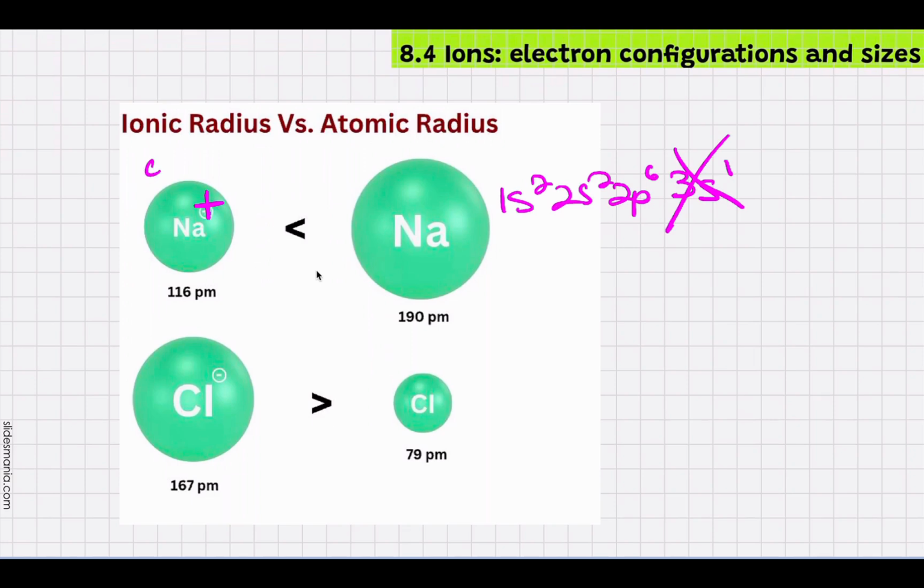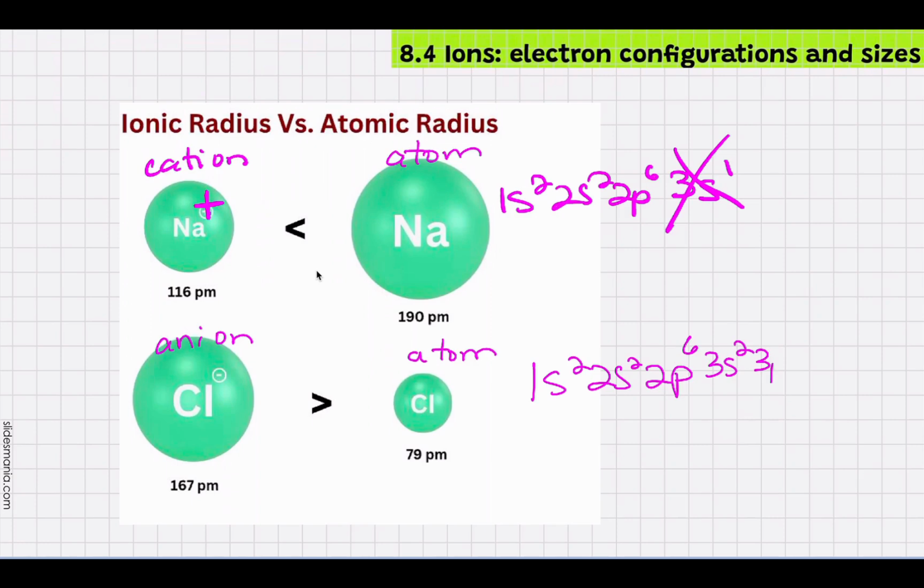So the cation becomes smaller than the atom that it came from, and the anion becomes larger than the atom that it came from. So in this case, this is chlorine. Originally it's 3p5, then it gains that electron and it does become larger than the original atom.